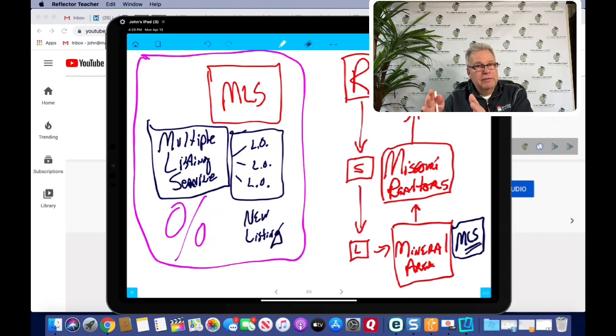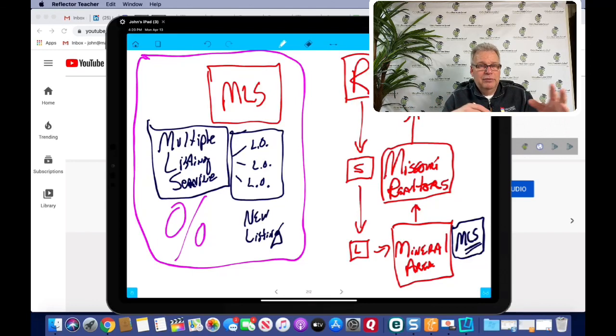Then the computer evolved to the fact that I could put your information in, and as soon as a new listing comes available, it notified me by text or email, or the minute I logged into the MLS, I got a new match, and I could call my client up. And now, the minute I put a listing in the Multiple Listing Service, it shoots out to Zillow within seconds, and Realtor.com.